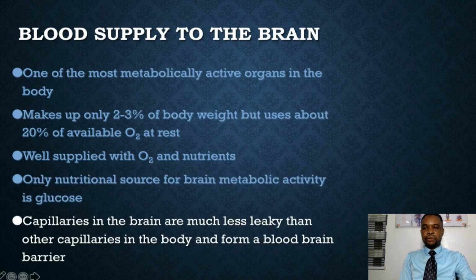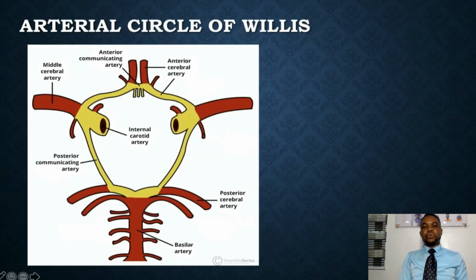Through the blood vessels. The blood supply to the brain, the arteries that form the arterial supply to the brain, form what we call the arterial circle of Willis. This arterial circle of Willis is formed from branches of the basilar artery. You can see the basilar artery here in this diagram.